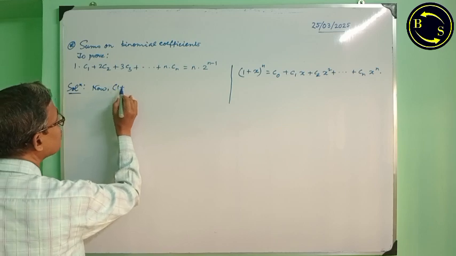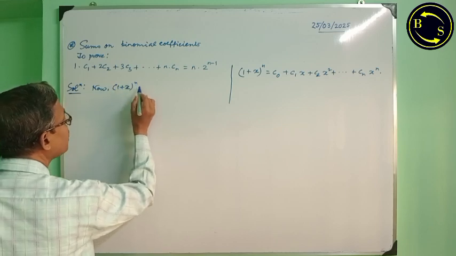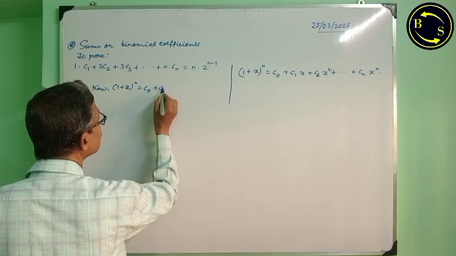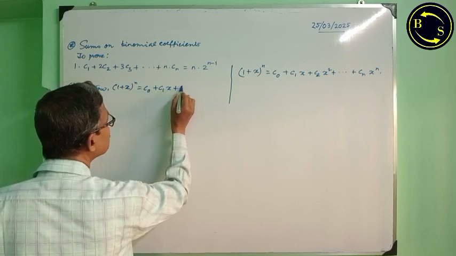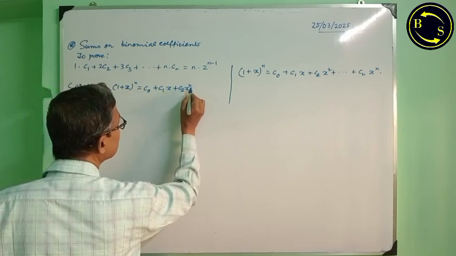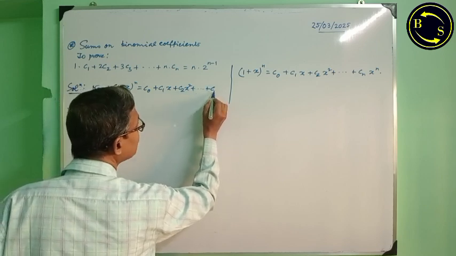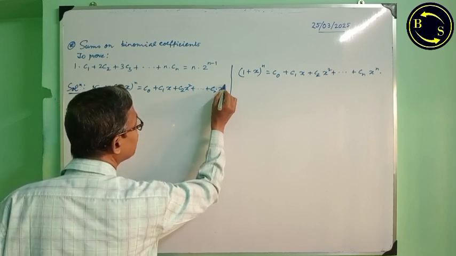(1 plus x) whole to the power n is equal to C0 plus C1 x plus C2 x square plus dot dot dot plus Cn x to the power n.